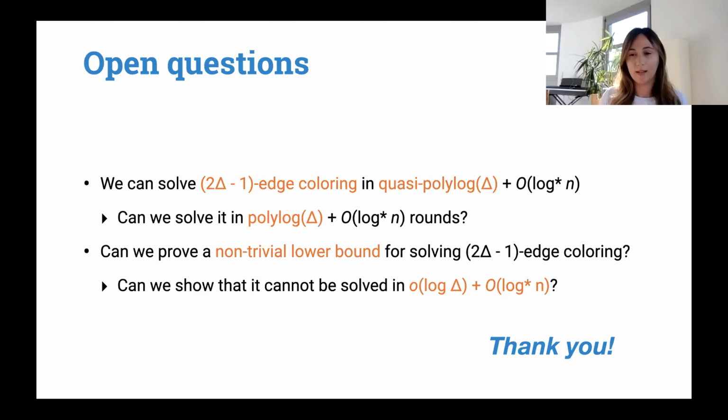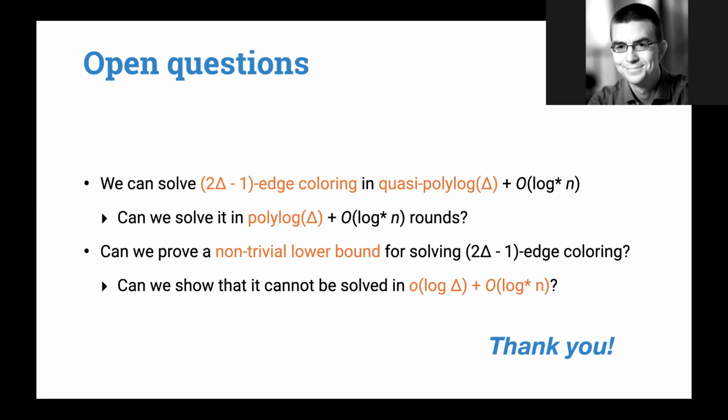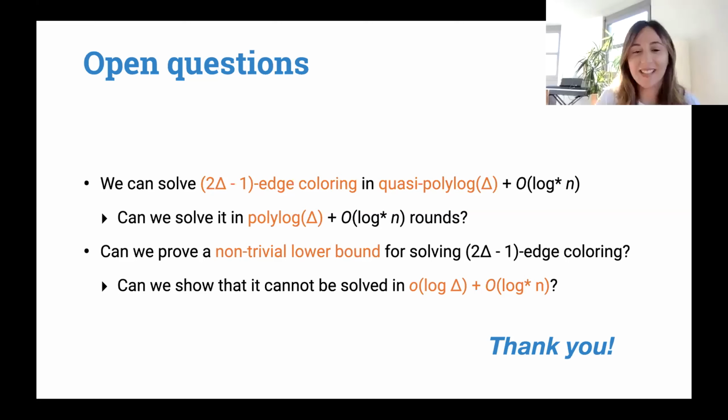I'm wondering, do you have now any reasons to expect that this log of delta would be the right bound? You mean for the upper bound? I mean, yeah. I don't have any strong opinion on that, but I would be very surprised if one can solve this problem really in little o of log delta plus log star of n.